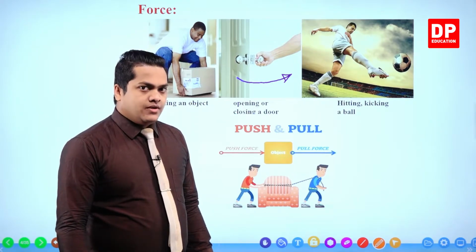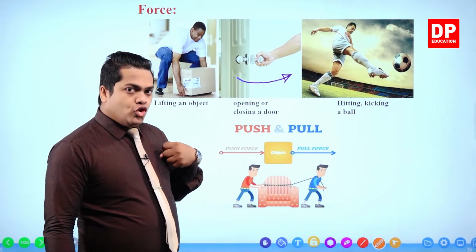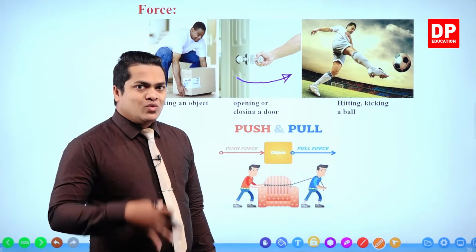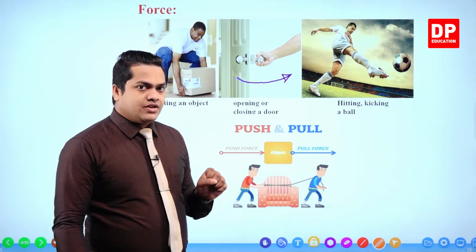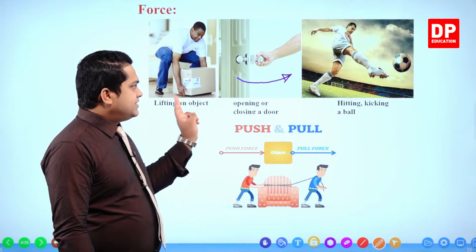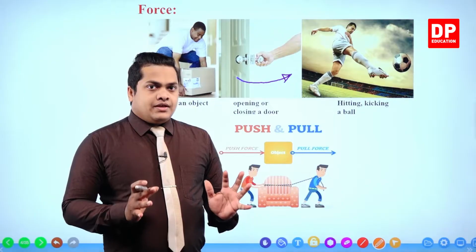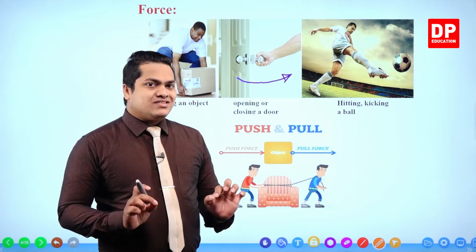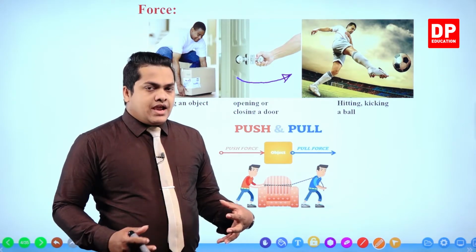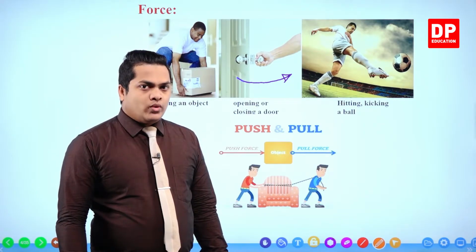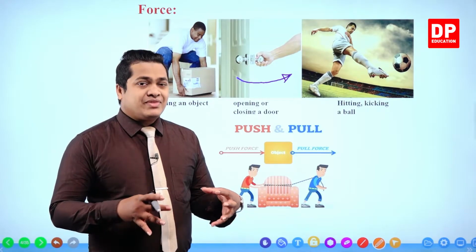So he is pulling the door and moving the object towards him. So in both of these instances, you can observe the pull. Clearly we can see that upon pulling, an object is coming towards the person.